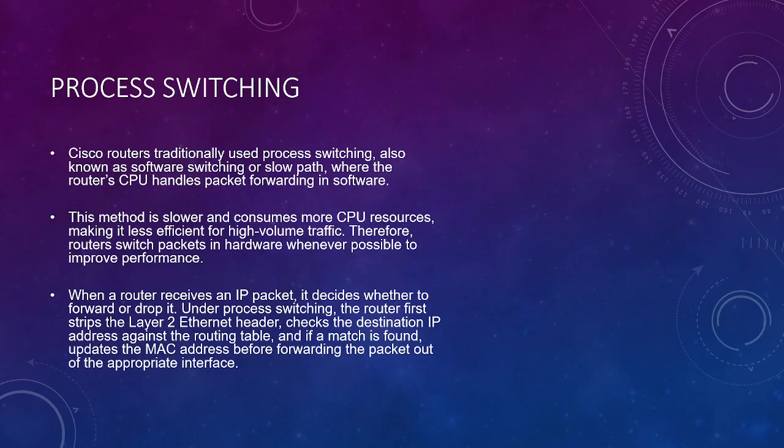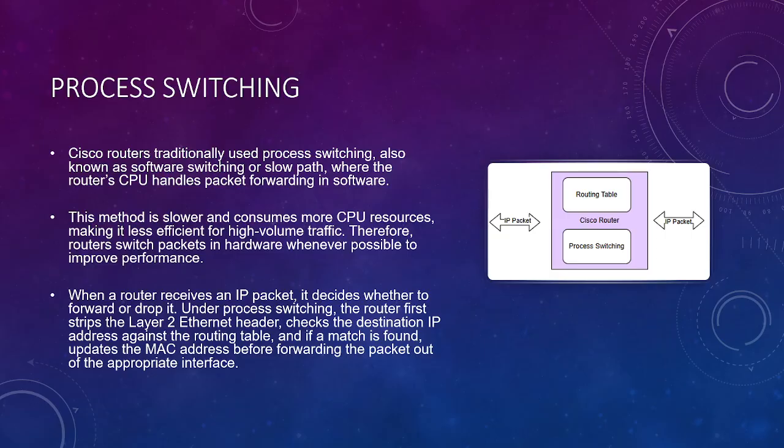Then you look up the layer 3 address for the routing lookup. Once it decides the destination, it changes the destination MAC address, because at each and every hop the MAC address will be changed. So it has to change the next hop MAC address, then send the packet to the next router or next available device.